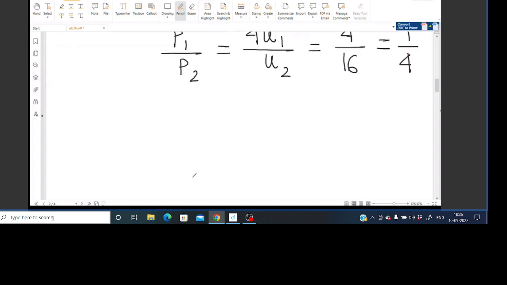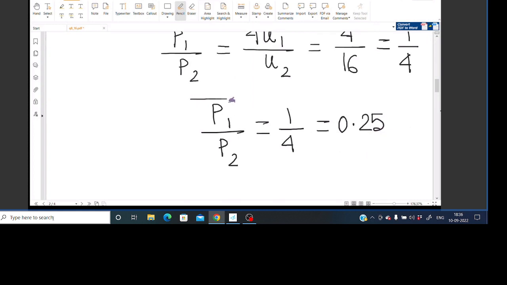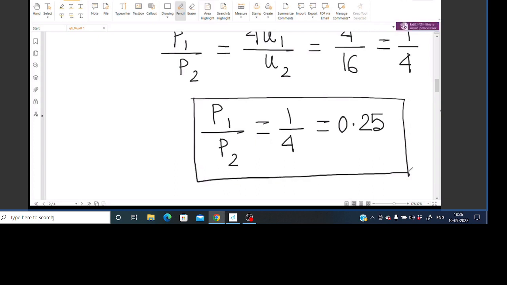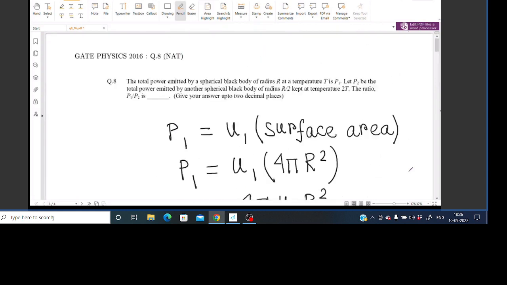So P1 by P2 is equal to 1 by 4, which is equal to 0.25. So the correct answer of this question is 0.25.